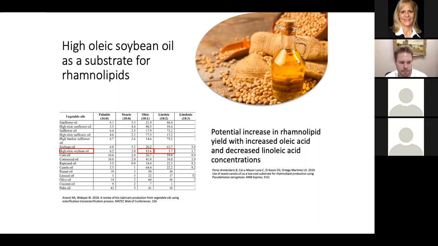As Rob previously mentioned in his presentation, high oleic soybean oil is a great candidate for higher concentrations of oleic acid. When we compare the fatty acid composition of high oleic soybean oil with other oil feedstocks, the very high oleic acid and low linoleic acid concentrations make it potentially the most promising fermentation substrate for increasing rhamnolipid yields.